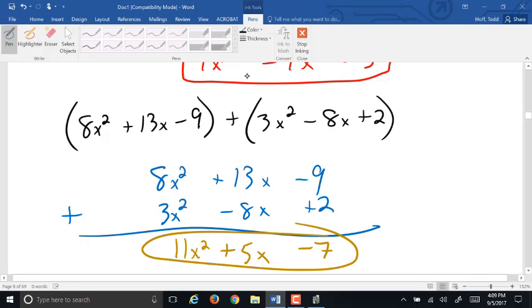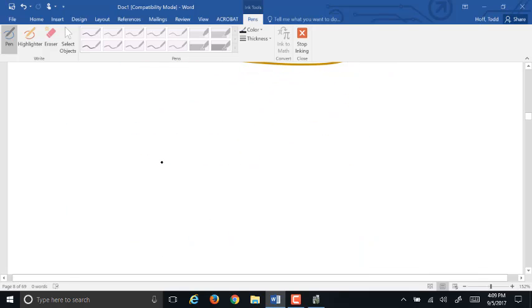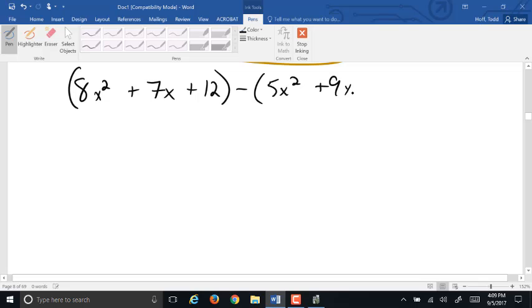So enough with addition. Let's look at the tough part, which is subtraction. So let's look at 8x squared plus 7x plus 12 minus 5x squared plus 9x plus 3. Well, just like what we did with addition, we're going to line this up.